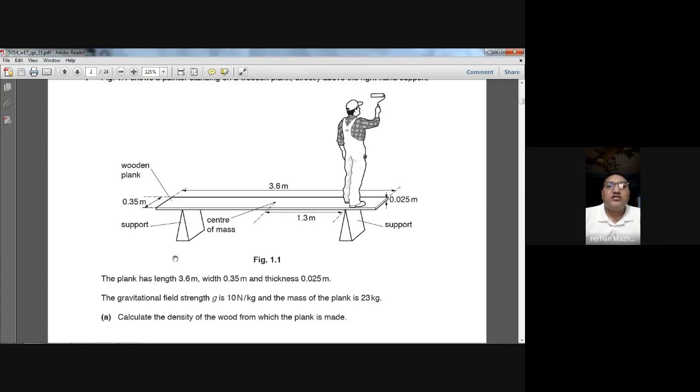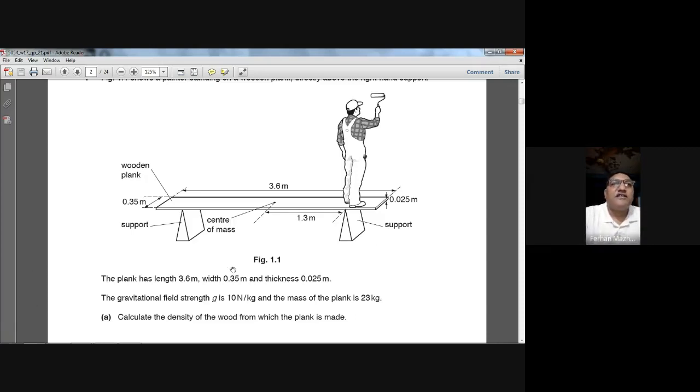The dimensions of the plank are given: the length is 3.6 meter, the width is 0.35 meter, and the thickness is 0.025 meter. So we can calculate the volume of the plank. And once we have the volume and the mass of the plank, we can apply the formula density equals mass divided by volume, and we will be able to calculate the density of the plank.